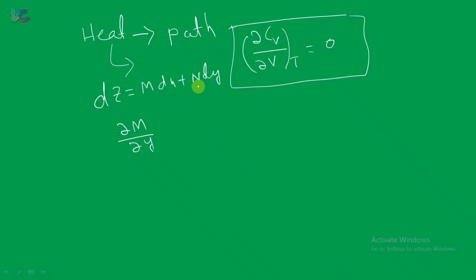Differentiation of m with respect to y, the constant will be x, is equal to differentiation of n with respect to x, that means del n del x at constant y. So if del m del y at constant x is equal to del n del x at constant y, then z is a state function. If it is not equal, then z is not a state function, that is a path function. Okay.